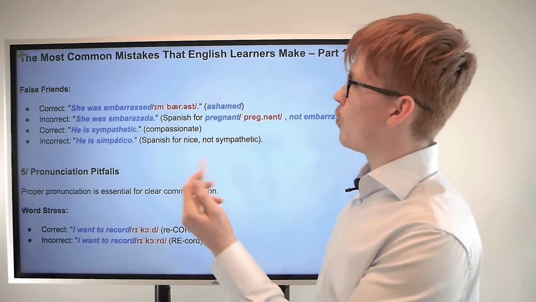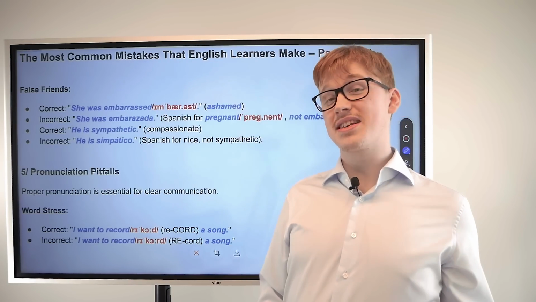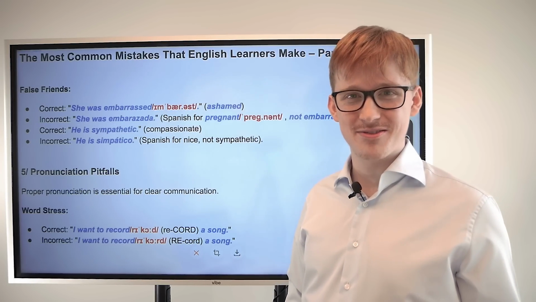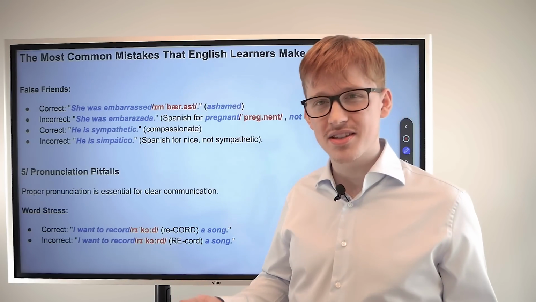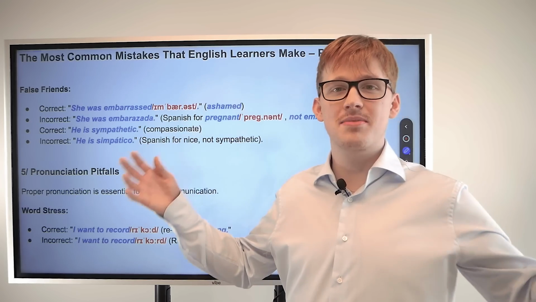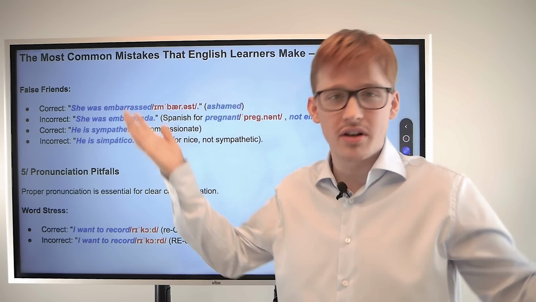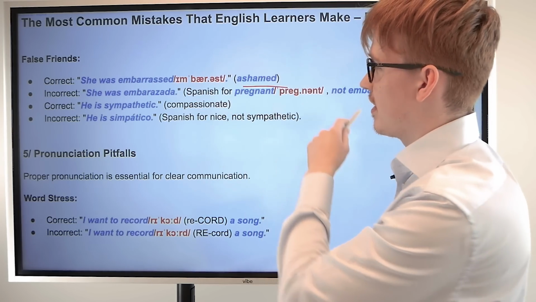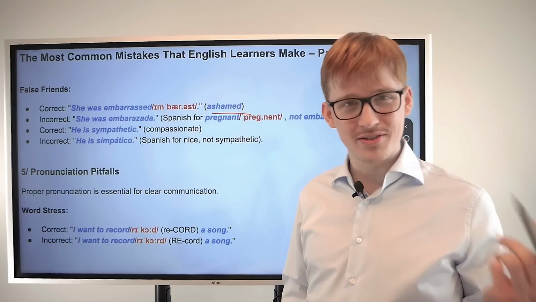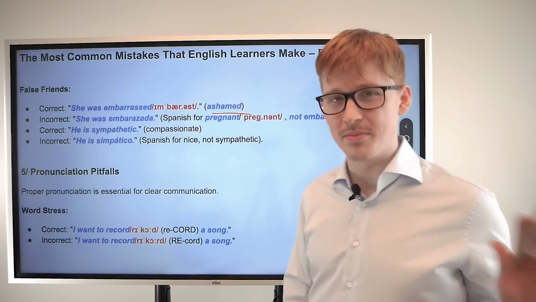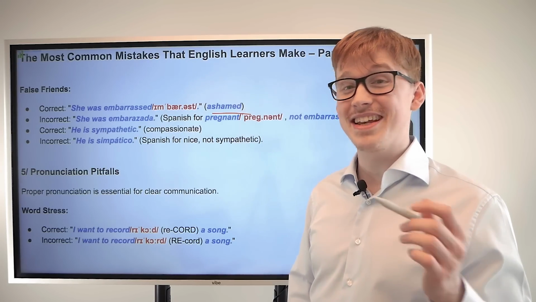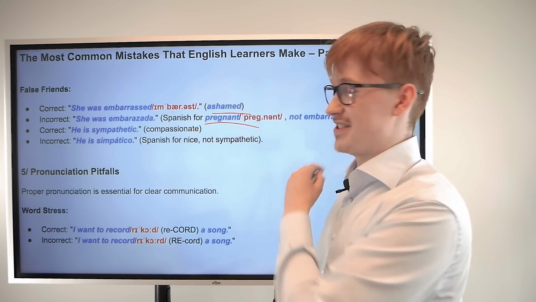So, she was embarrassed. What does this mean in English? Embarrassed means ashamed, right? It means that you're embarrassed about something that happened, maybe something in your house or whatever, like you're ashamed of something. Whereas in Spanish, and I'm going to try the pronunciation, but it's not going to be perfect, she was embarazada, which means in Spanish, pregnant.